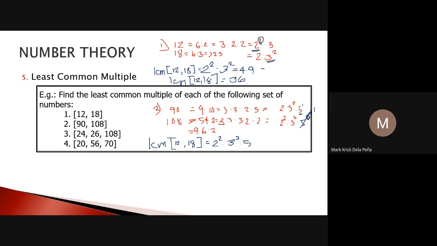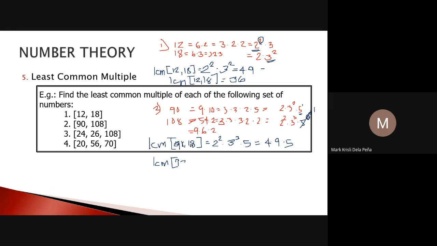That's 5. So that's 4 times 9 times 5. So what's the result? What is 4 times 9? That's 36. Sorry, this is 90, this is 108.